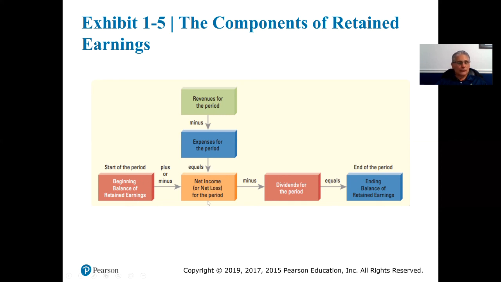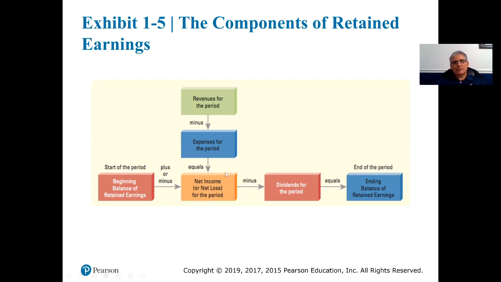We're going to add or subtract, depending on whether they have income or loss for that period. We're going to take our beginning balance of retained earnings, add or subtract net income or net loss for that period, and then if the board of directors declares dividends, we're going to subtract the dividends paid for that period.